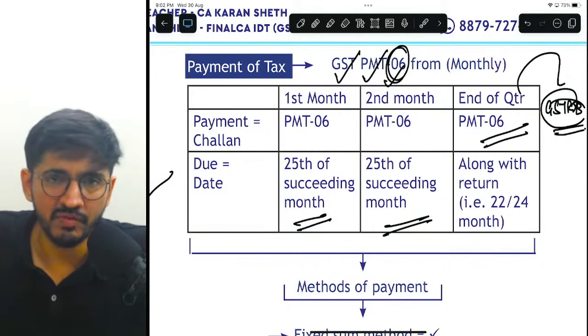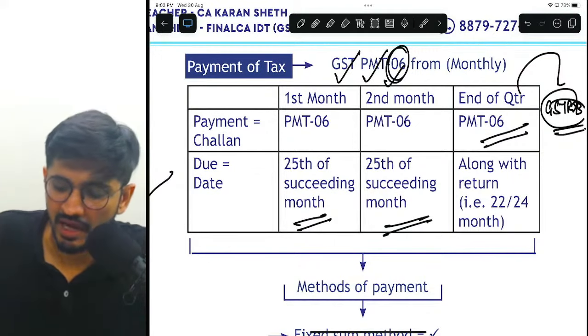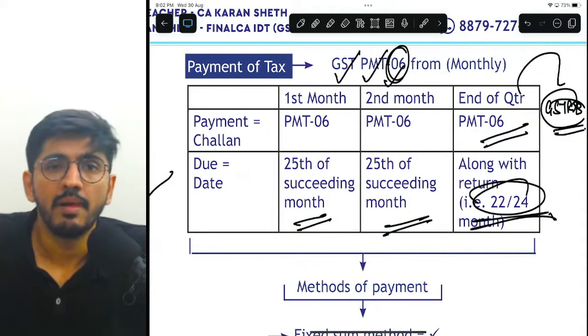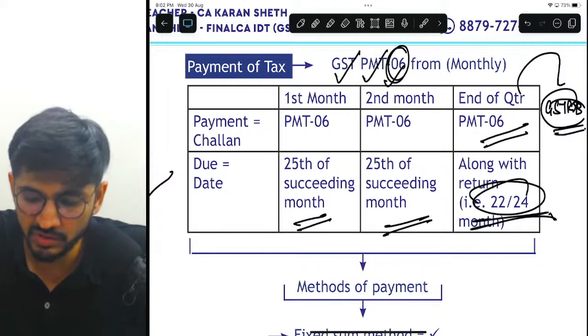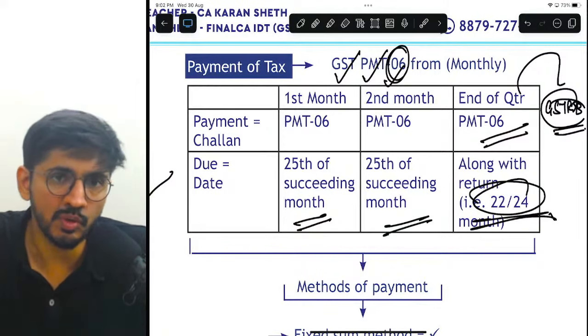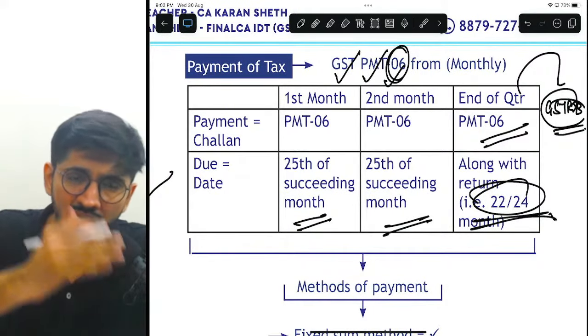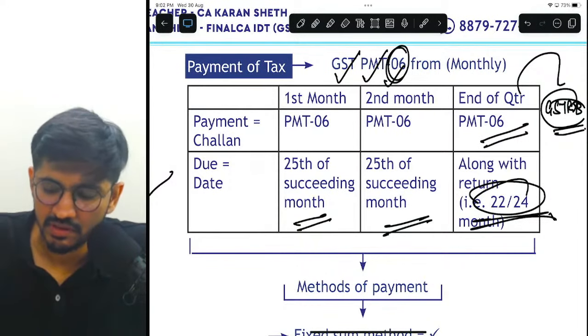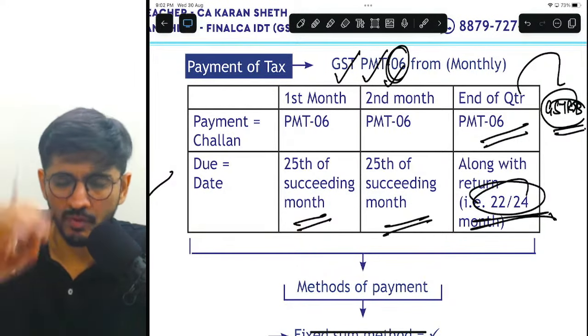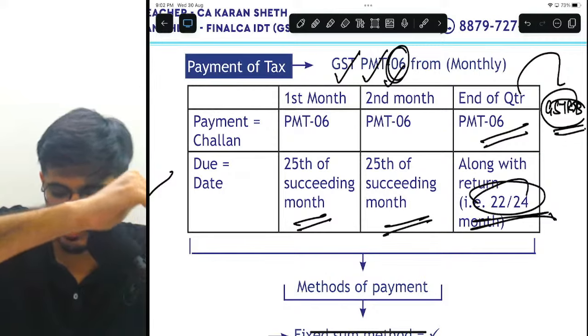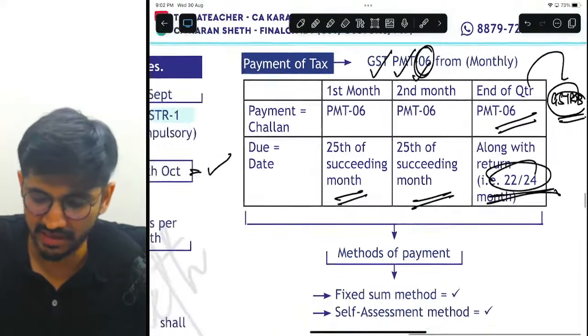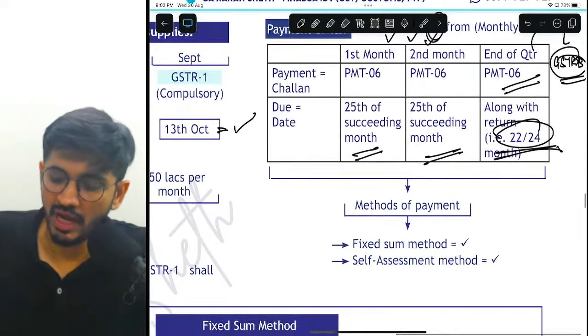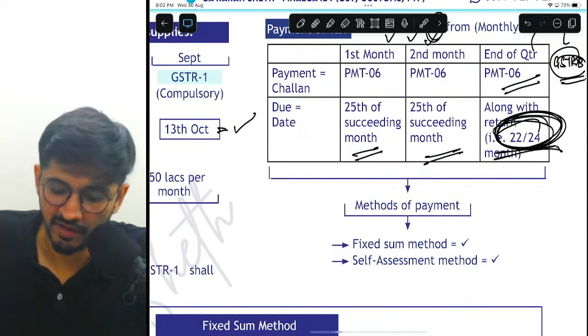So you pay tax with the deadline of 3B only, which is why you will pay tax on 22nd and 24th, because in the next month you are going to file 3B for all the 3 months. So on that day itself you wrap up the accounts and just pay the tax. Got it? Yes. So for the last month, be very careful.